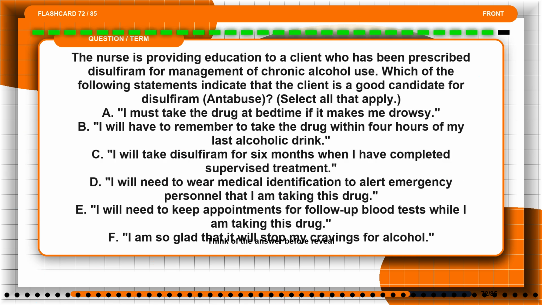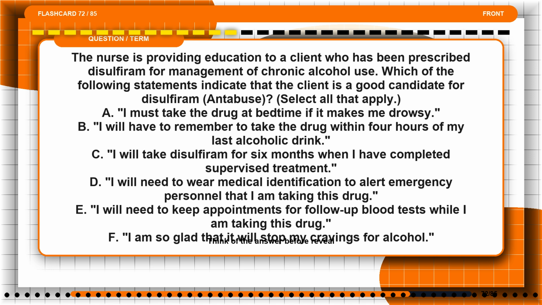Flashcard 72. The nurse is providing education to a client who has been prescribed disulfiram for management of chronic alcohol use. Which of the following statements indicate that the client is a good candidate for disulfiram (Antabuse)? Select all that apply. A. I must take the drug at bedtime if it makes me drowsy. B. I will have to remember to take the drug within 4 hours of my last alcoholic drink.